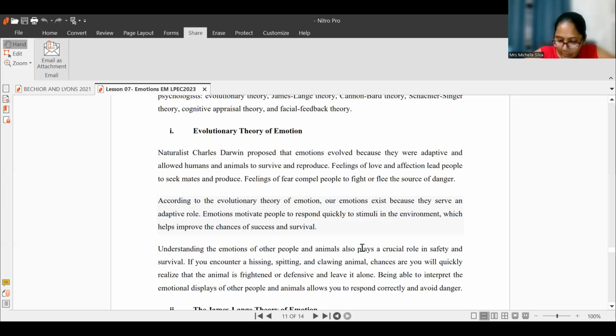Not only that, he said, emotion helps us to respond to the changes in the environment. Let's say when a tiger comes to our side, then because of fear we try to run.